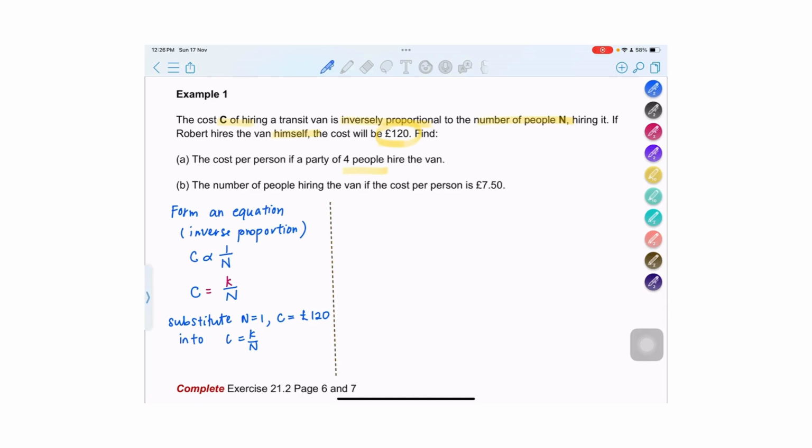From here, k equals 120 multiplied by 1, so k equals 120. In other words, my equation becomes C equals 120 over n. After we finish this part, we can start to work out part A.